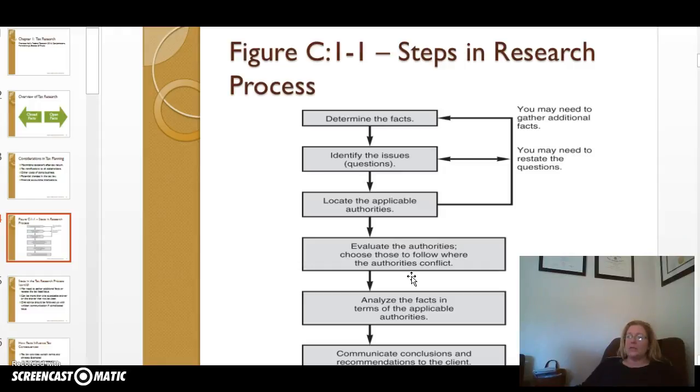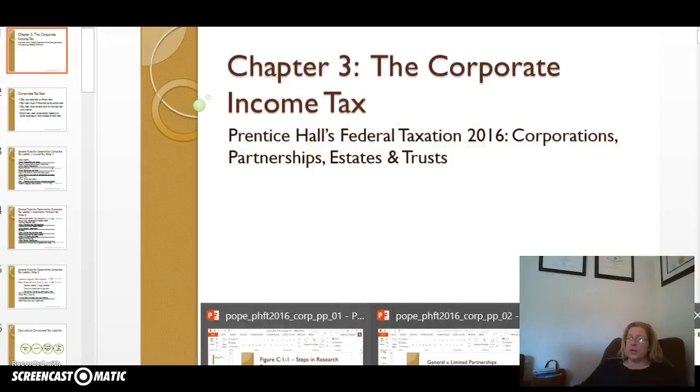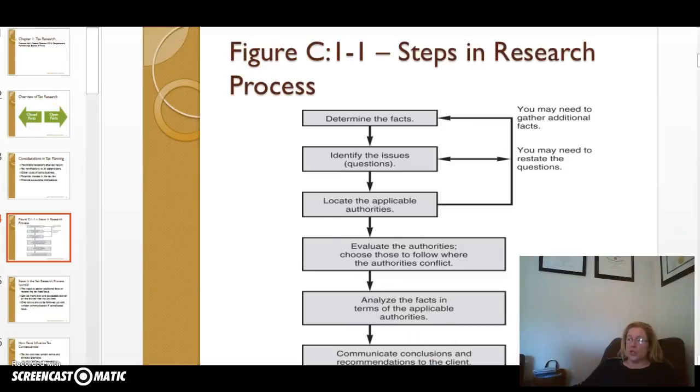And then analyze the facts in terms of those applicable authorities, and then communicate your conclusions and recommendations to the client. So when you're doing taxes, one of the most important things that you do is tax research.